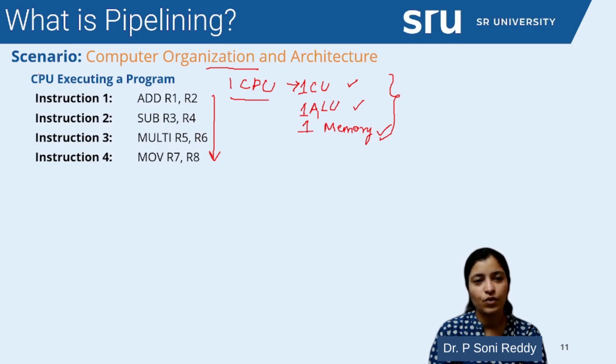In this program, how many instructions are there? We have instruction 1 to instruction number 4, so the total number of instructions is 4. When we execute these 4 instructions, each instruction is doing some arithmetic operation, add, subtract, multiplication, or simply some load and store operations using move, or we can use load commands also.